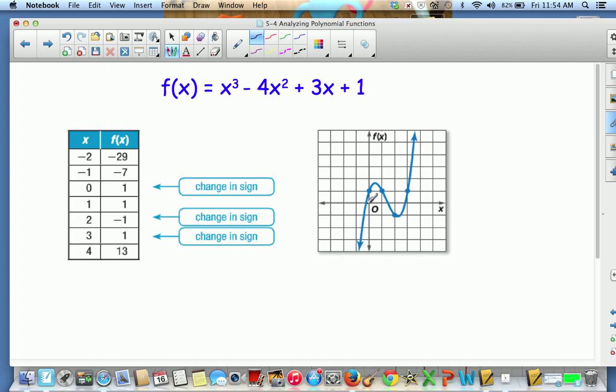And so we know our 0 is going to be in between -1 and 0. Okay, so we have that. And we have another change in the sign. We go from 1 to -1, so we know our other 0 is going to be in between 1 and 2.